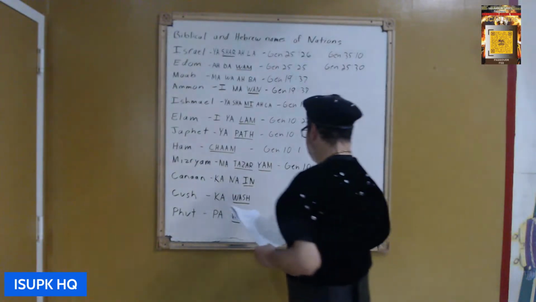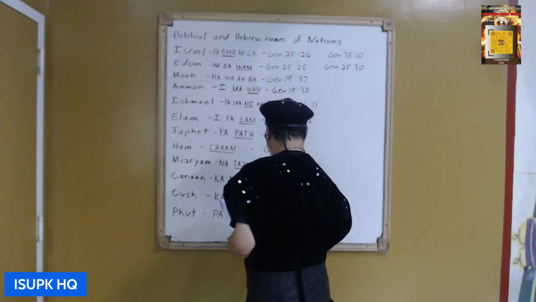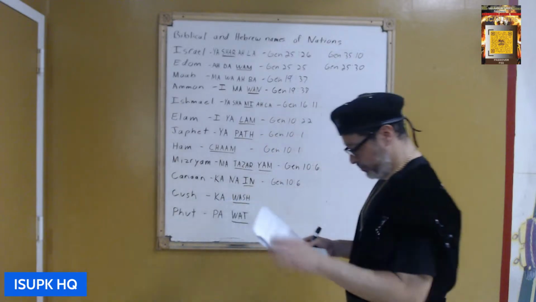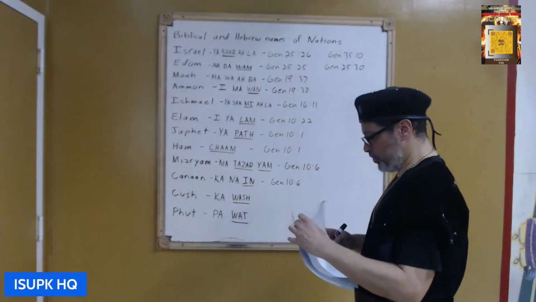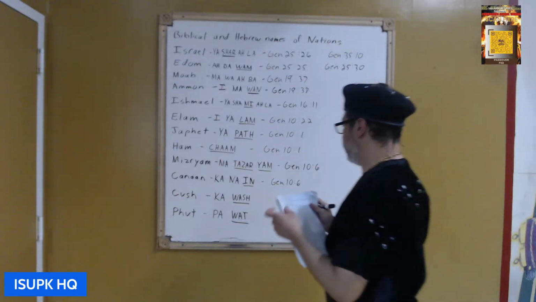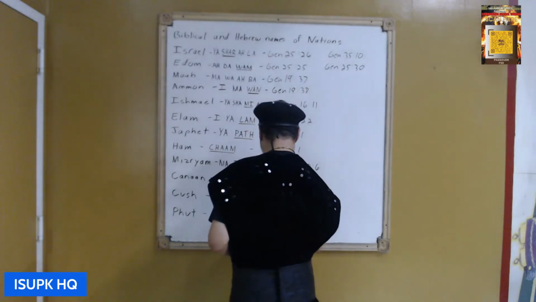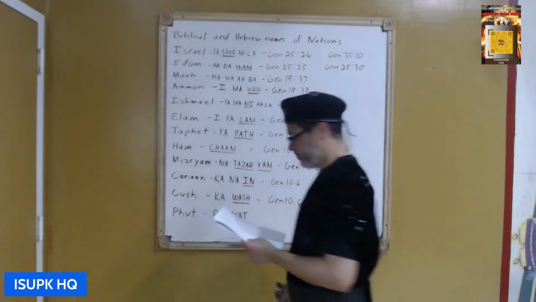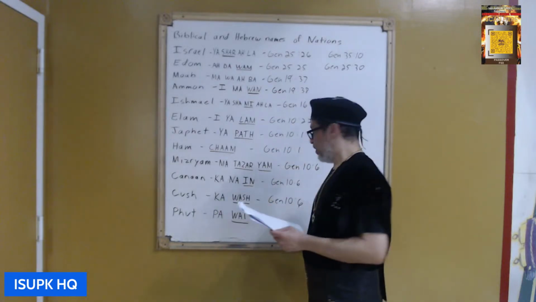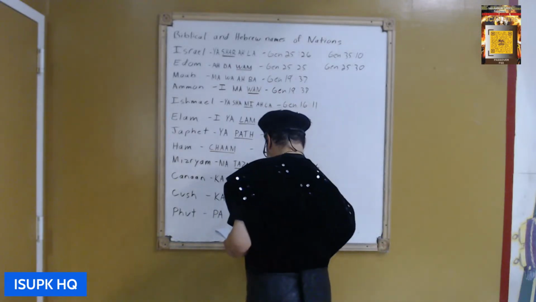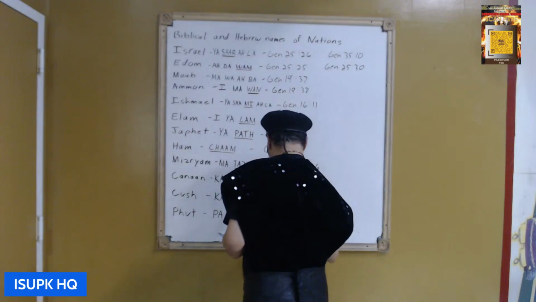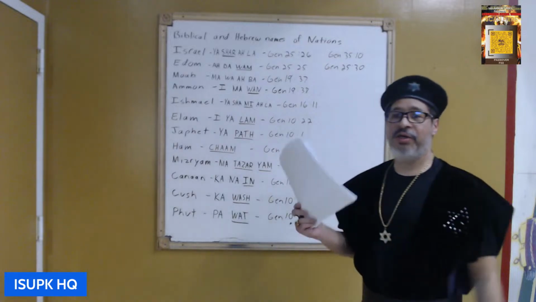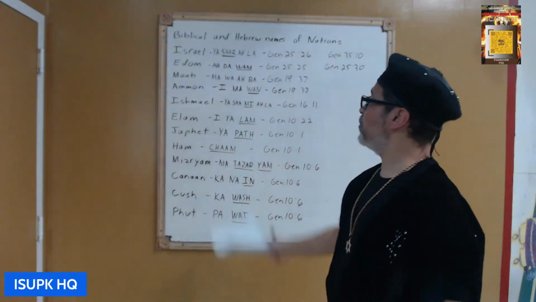Canaan is also Genesis 10, verse 6. Cush is also in Genesis 10, verse 6. And Put is also in Genesis 10, verse 6. So this will be a good point to take a screenshot of this.